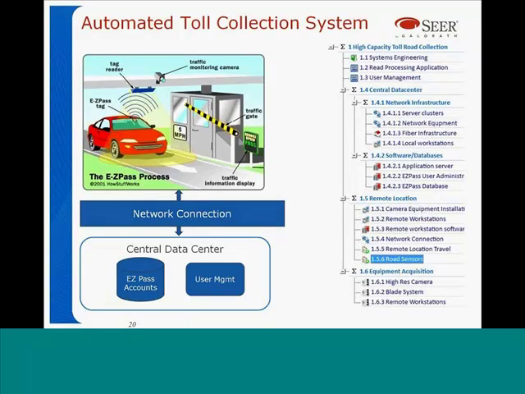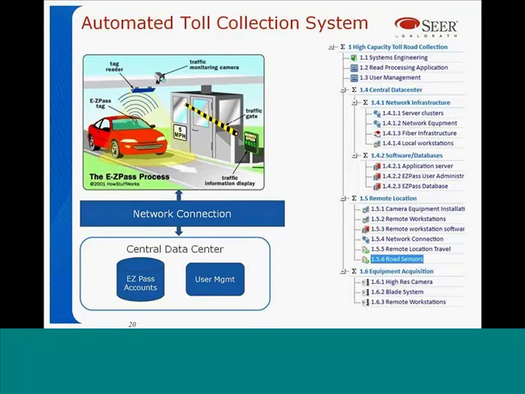So with this type of system, obviously, you've got something out on a toll road, you've got the toll booth, you've got the RF reader that reads your tag, so you have some very specialized hardware there.